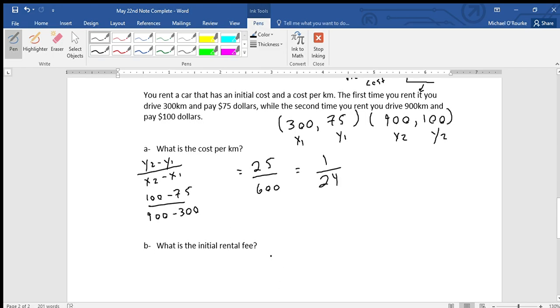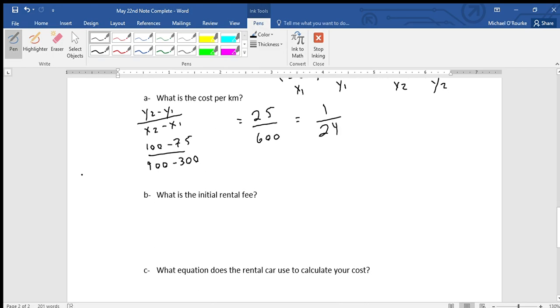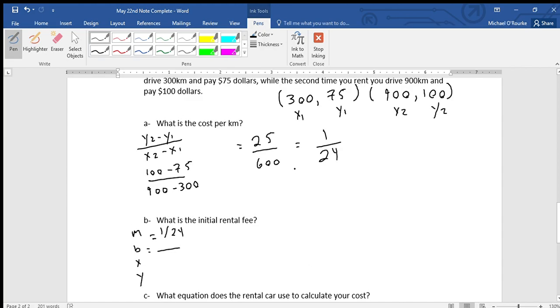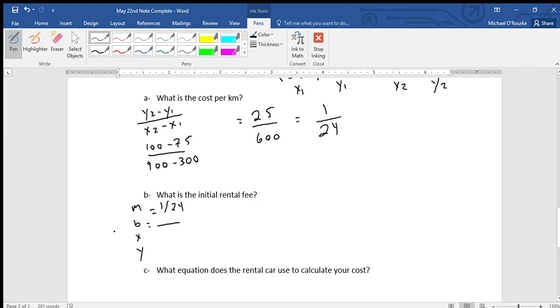Okay. So for this, we need an m, we need a b, we need an x, and we need a y. This one's the one we don't know, but we do know this is 1 over 24. And let's pick 900 and 100.